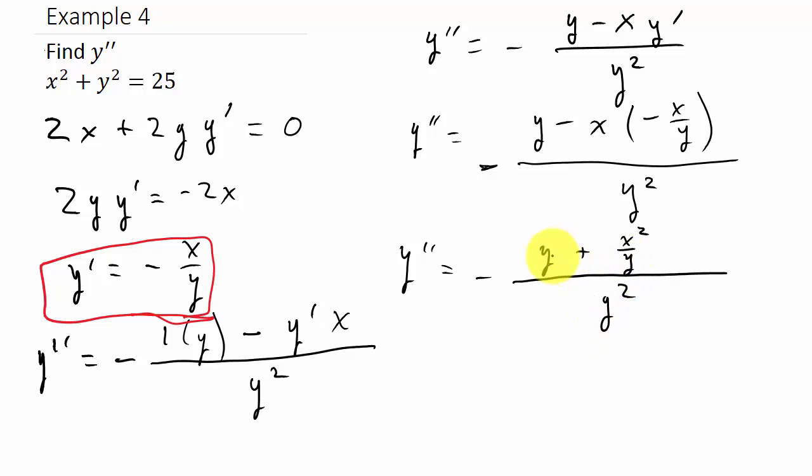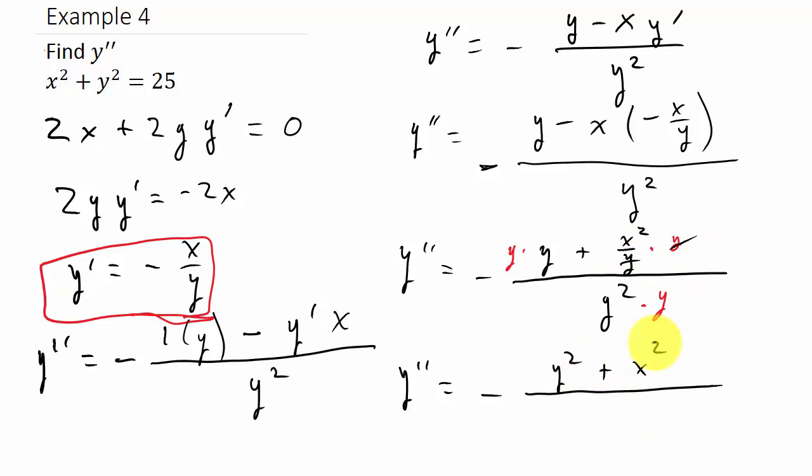I multiply each term by the common denominator. You can look at this as y over 1 and y squared over 1, so my common denominator is y. I multiply each term by y, and that gets rid of the fraction. So y double prime equals negative y squared plus x squared, see the y's cancel, over y cubed.